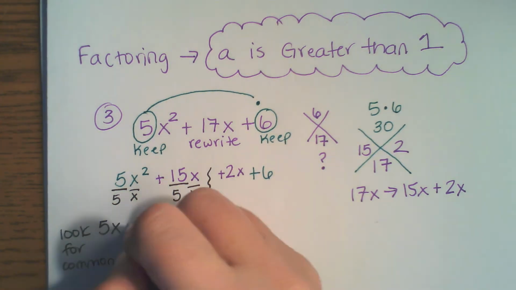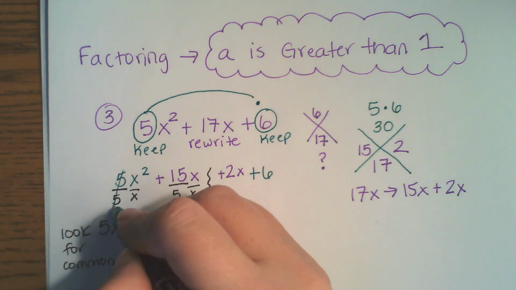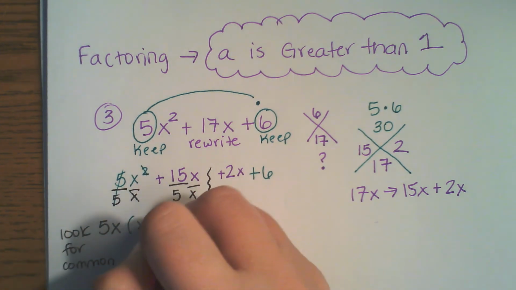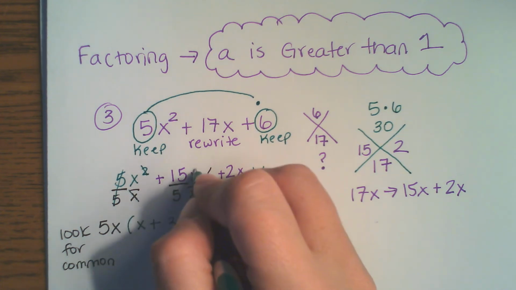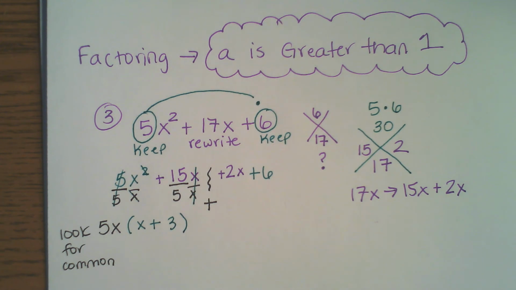So after dividing, I would get 1x plus 15 divided by 5 is 3, and x divided by x would cancel. So there's your 3.